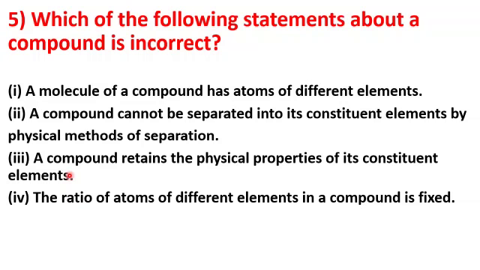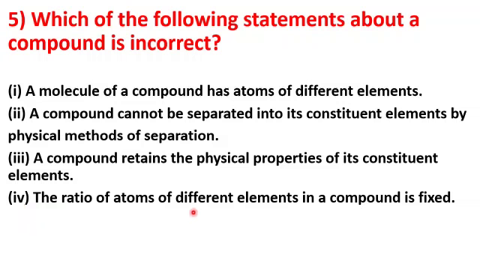If we consider the constituent elements present in the water, that is hydrogen and oxygen, these two elements will be in gaseous state at room temperature. Hence, physical state is not same as that of the constituent elements for a compound. Hence third statement is not correct. It is incorrect.